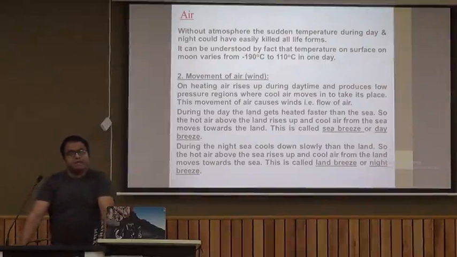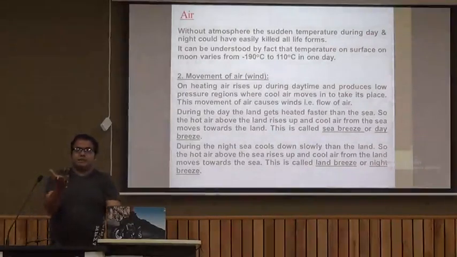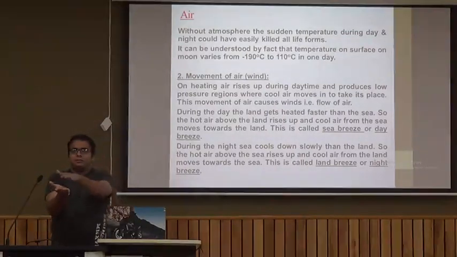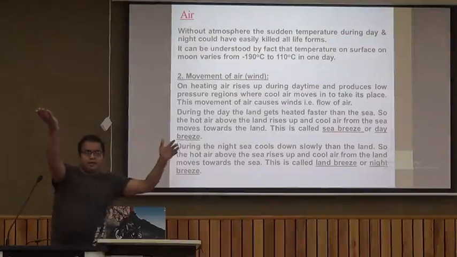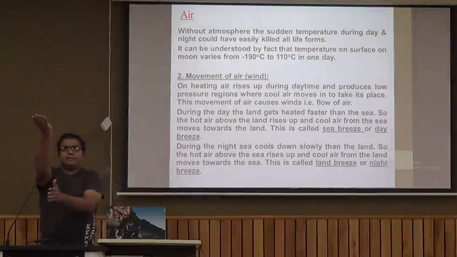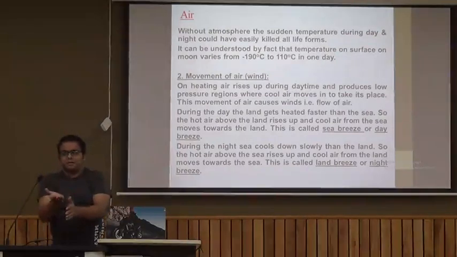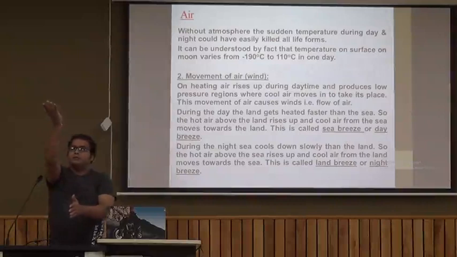In the night, the process is reversed. The sea, the river, the water body has a temperature higher than land. Now, in the absence of sunlight, land is cooler, whereas water is hotter. So the air above the water moves upwards, the air from the land replaces it, thereby creating an upward current over the water body.